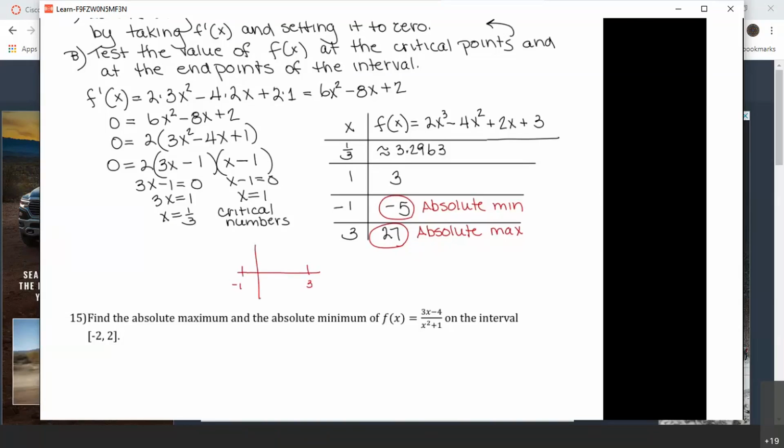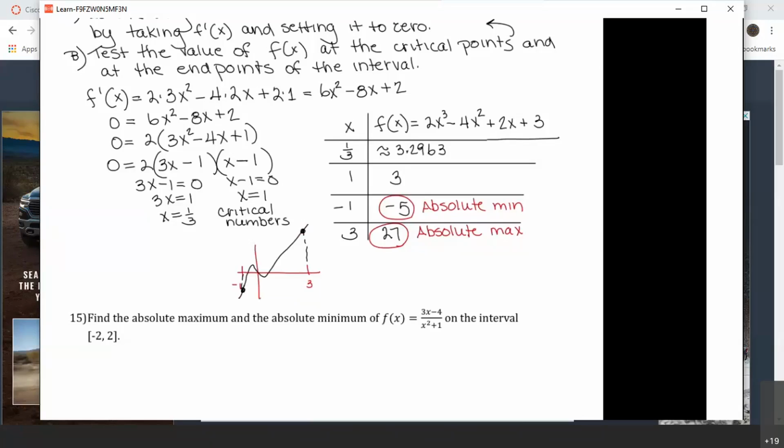And you're going to wind up with a function that kind of looks like this. Maybe it has a bump like this. So you can see the lowest values here, the highest values here, even though it does some stuff in the middle. So don't assume that your critical numbers are going to give rise to the absolutes.